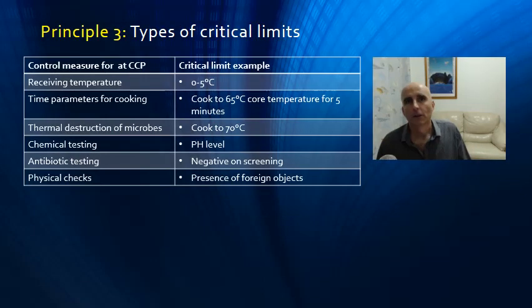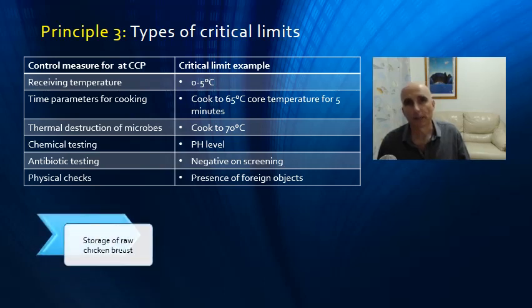Like the CCPs, let's have a look at the types of critical limits. We have receiving temperatures, an example of that is 0 to 5 degrees. Time parameters for cooking, an example here: cook to 65 degree core temperature for a chicken roast for 5 minutes. Thermal destruction of microbes, cooking over 70. It could be chemical testing, antibiotic testing, or physical checks for the presence of foreign objects.